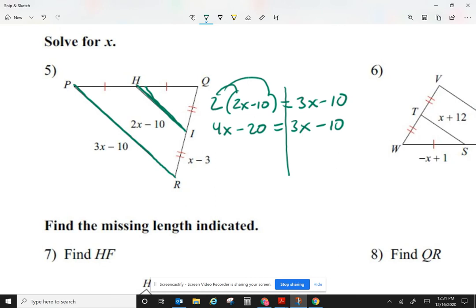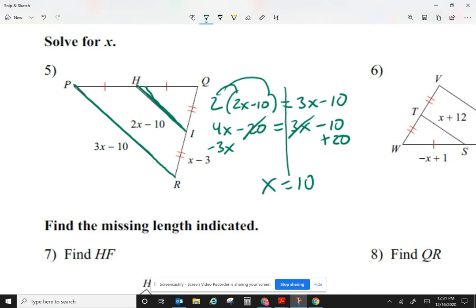So let me move the smallest x. So let me just call this negative 3x. My negative 20, let me move it to the right as a positive 20. Don't forget to use opposite signs. So on the left, 4 minus 3, that gives me 1x. On the right, negative 10 plus 20, that gives me 10.